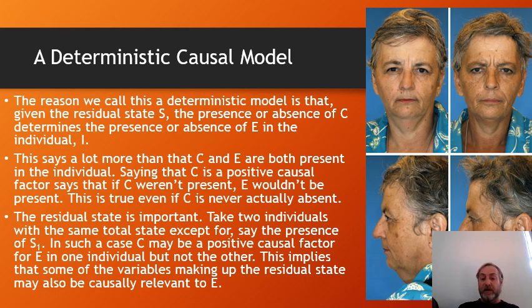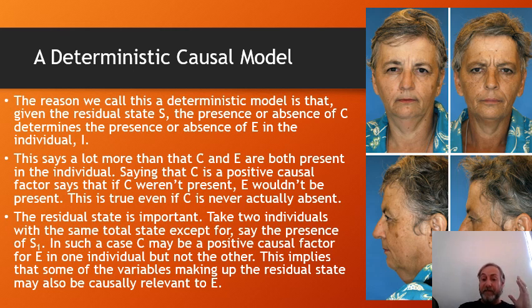So I might have fair skin and I might have skin cancer in reality. But to say that the fair skin is the cause of the skin cancer is to say that if I hadn't had fair skin, which is a pretty wild claim, the world would have to be pretty different. I would have had to have different parents and so on. Getting into the metaphysics of that is weird, but that's the claim.